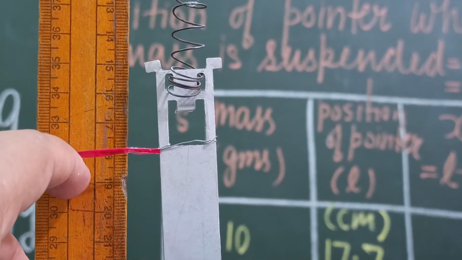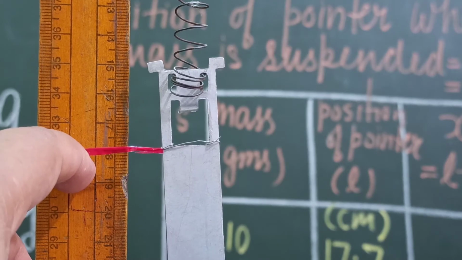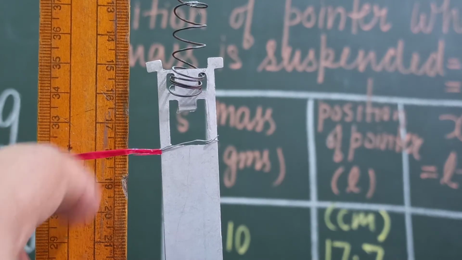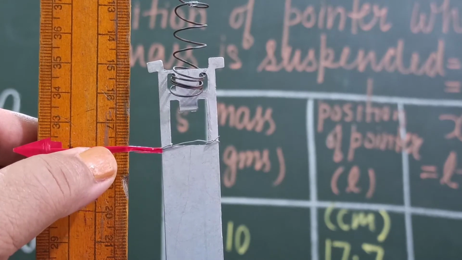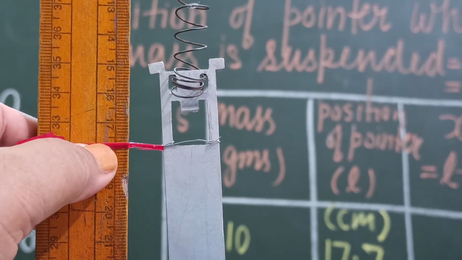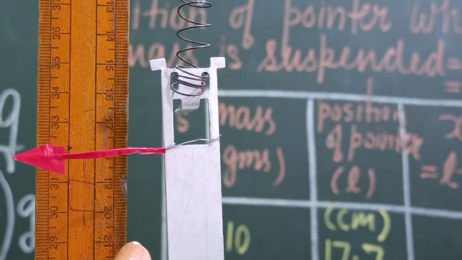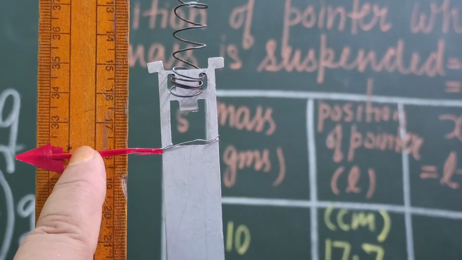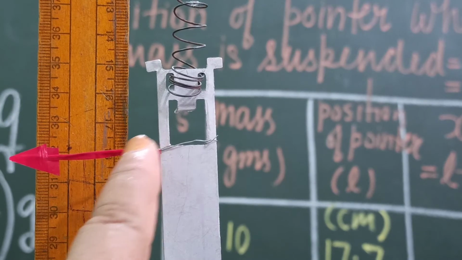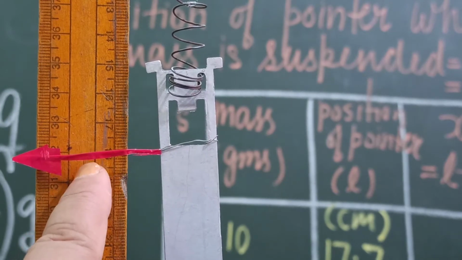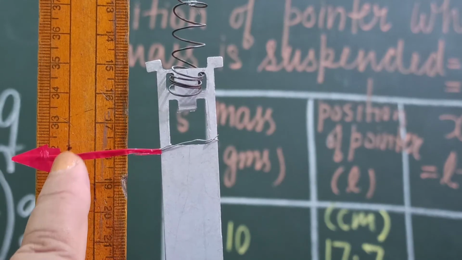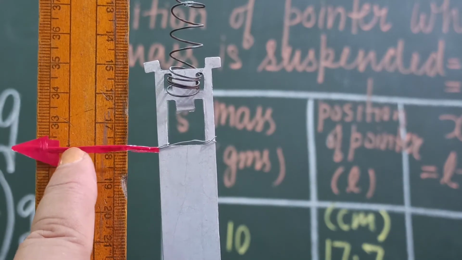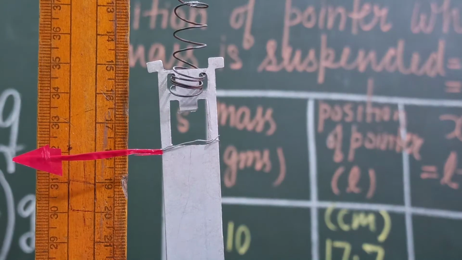So it is 17.8, 17.9. All of you can see it. Once the orientation of pointer is set, we don't have to change it in every reading, otherwise the error will be there. So it is 17.9 centimeter.